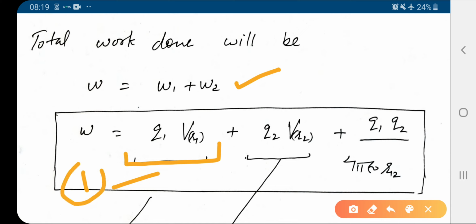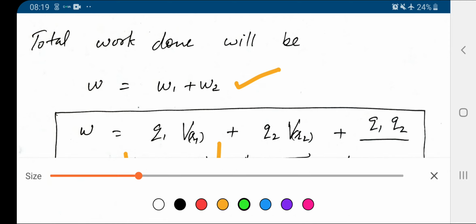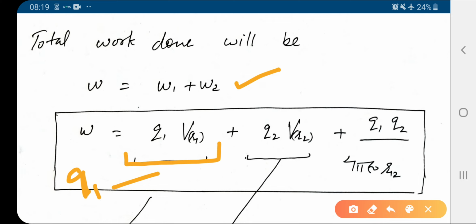For placing the Q1 charge, we have no initial charge there. So here the potential is only because of the electric field, and for point A, whose position vector is R1, the potential is simply BR1. So work done is charge into potential. And for placing the second charge Q2, work is again potential into charge.